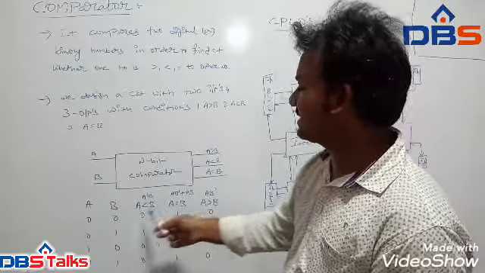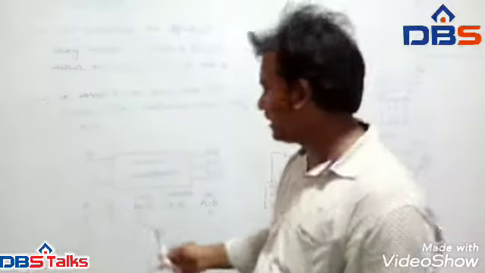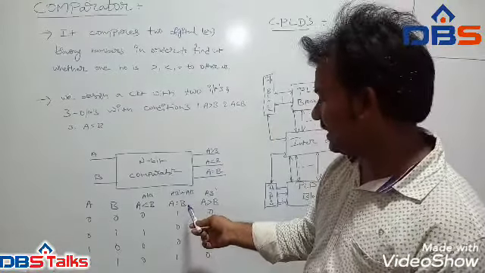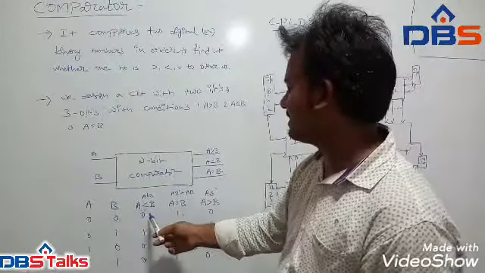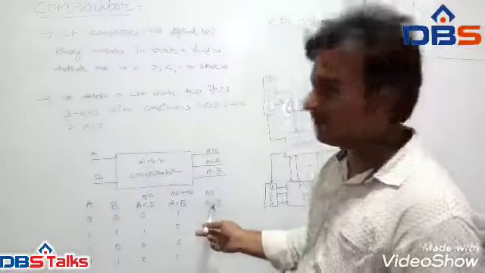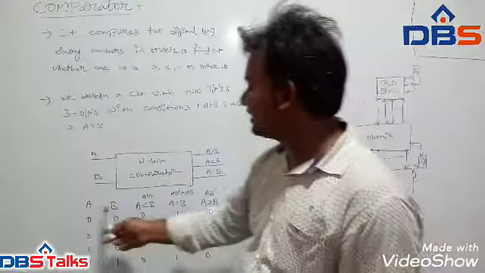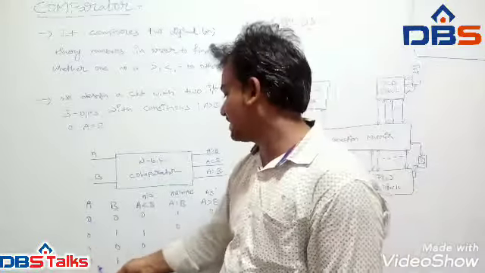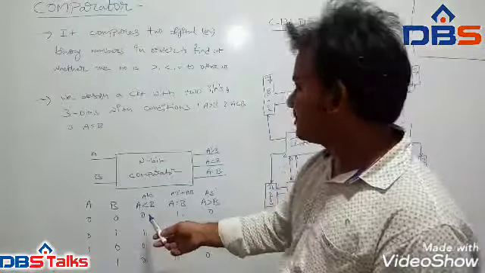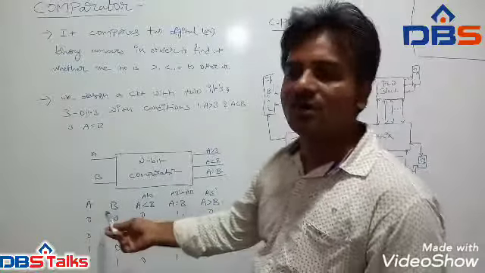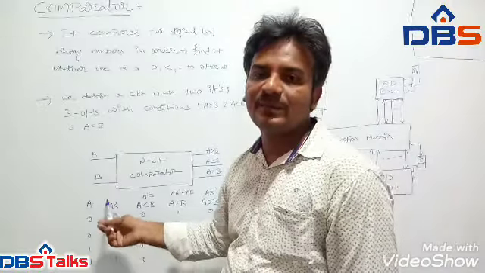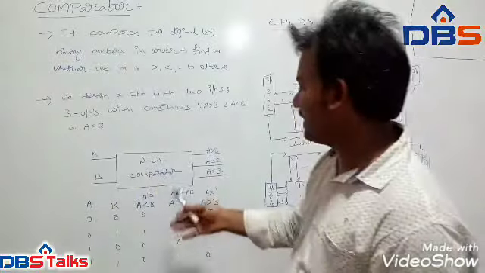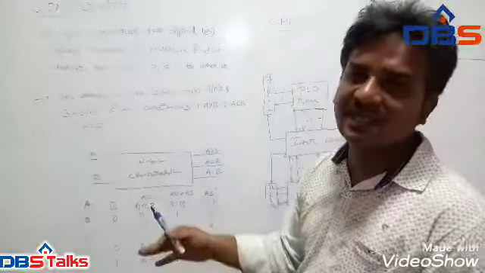That is, in both cases, whether A bar B bar or AB, we get A equal to B. Under the same condition, A less than B or A greater than B is not possible, whether in case of 0 or in case of 1, because both are equal. The weights of the bits do not differ from one to another. Whenever there is a difference, it may be less than or greater than.